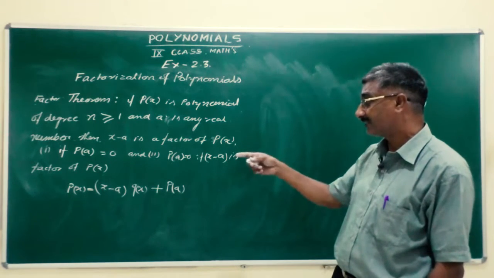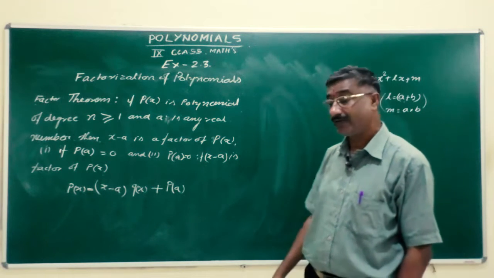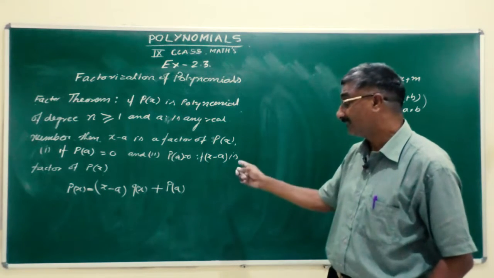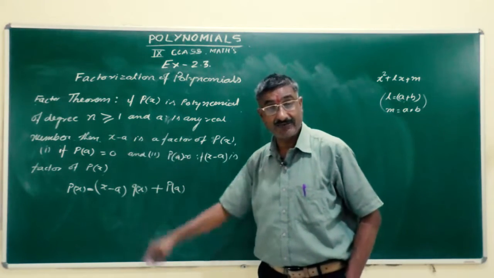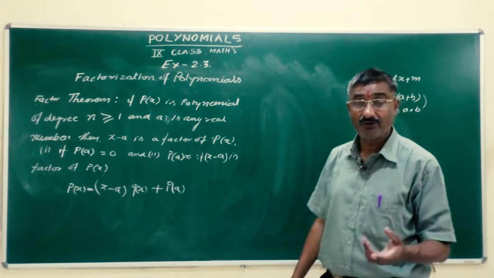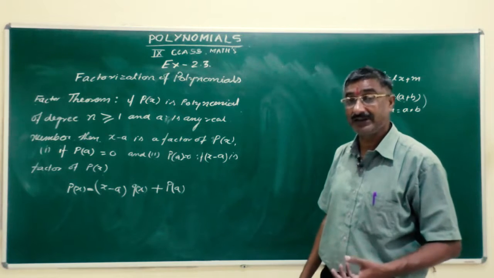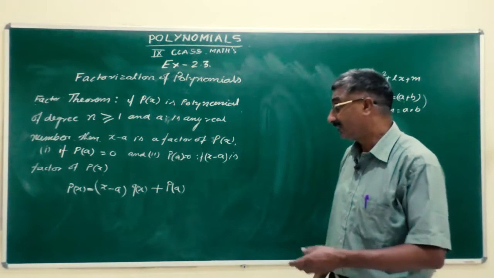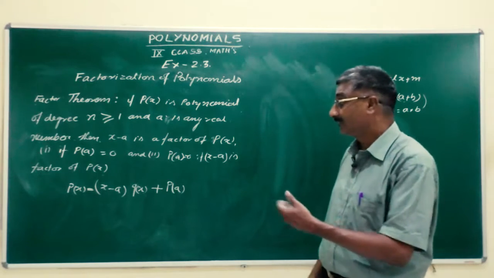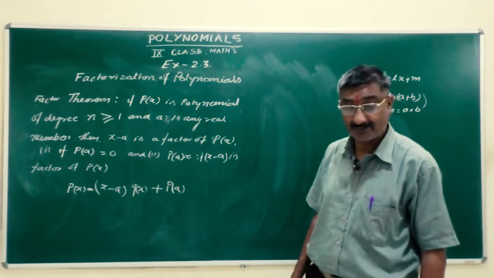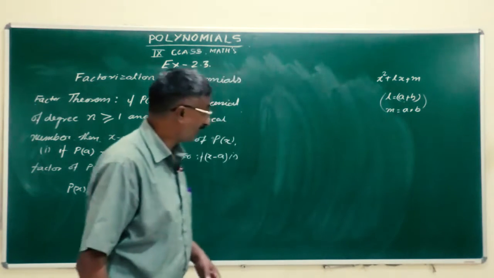If x minus a is a factor of px, then pa is equal to 0, and just the opposite, if pa is equal to 0, then x minus a is a factor of px. The concept must be very clear.